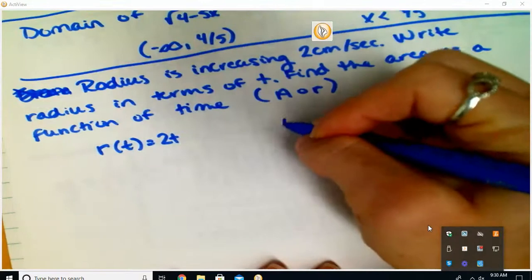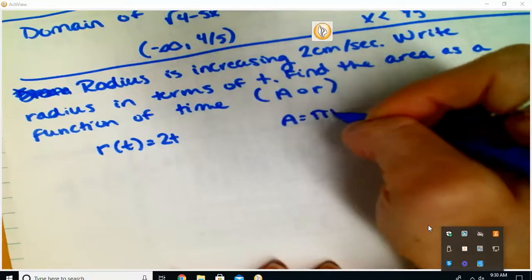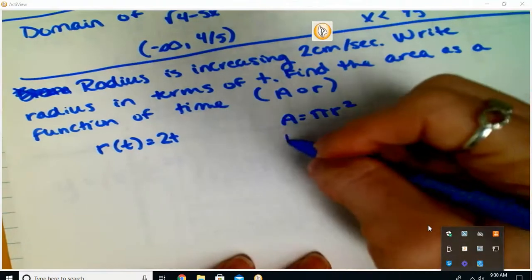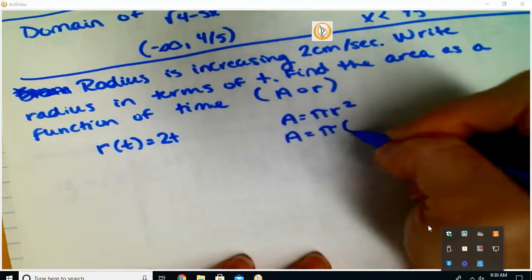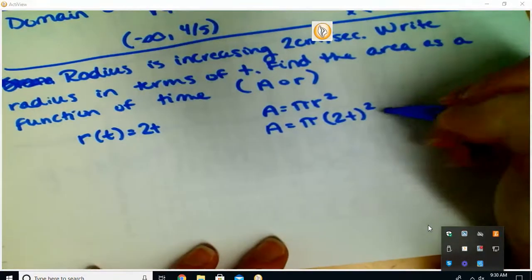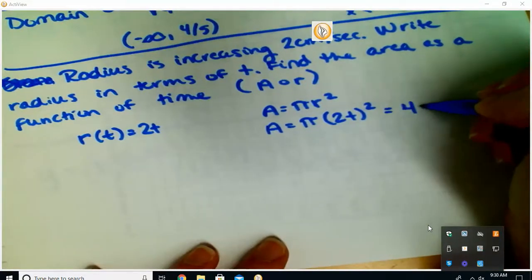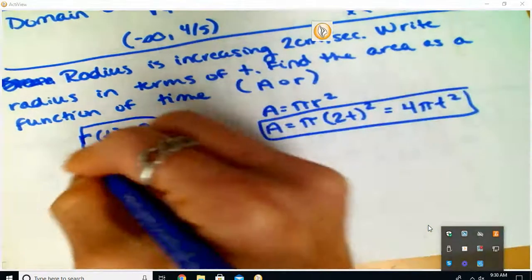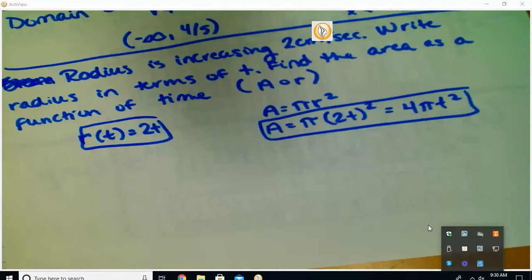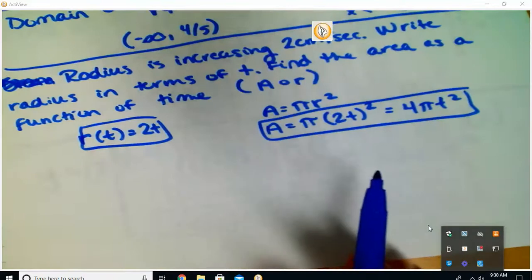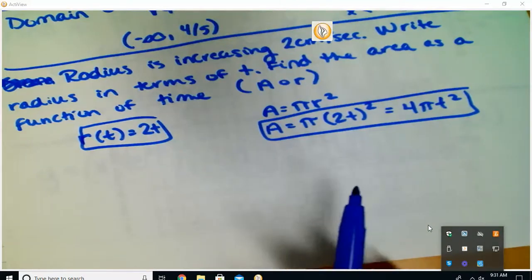What's the area of a circle? Pi r squared. Plug in your R, which was 2t. If you square both, you get 4 pi t squared for your area formula. I usually ask 2 things on that, the original radius and then the composition at the end. Is that one okay?